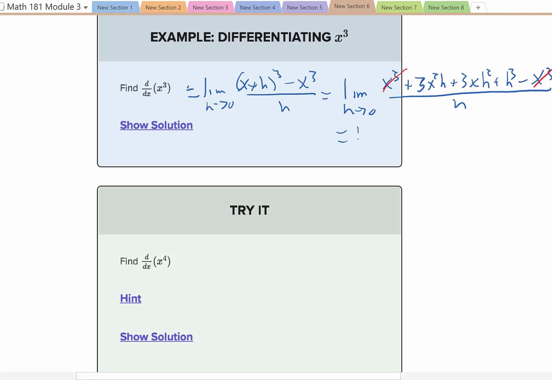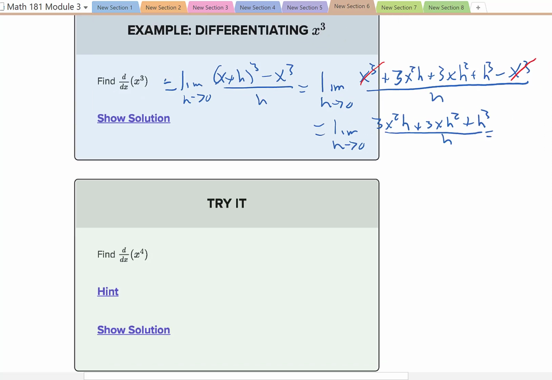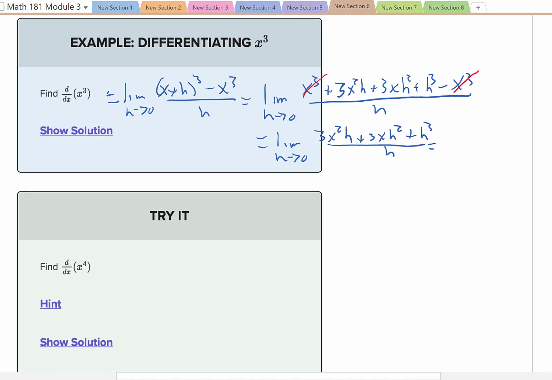So we have the limit as h goes to 0 of 3x squared h plus 3xh squared plus h cubed all over h. If you divide the h out, you'll have the limit as h goes to 0 of 3x squared plus 3xh plus h squared. And that limit then, if you put a 0 in for h, is just going to be 3x squared.